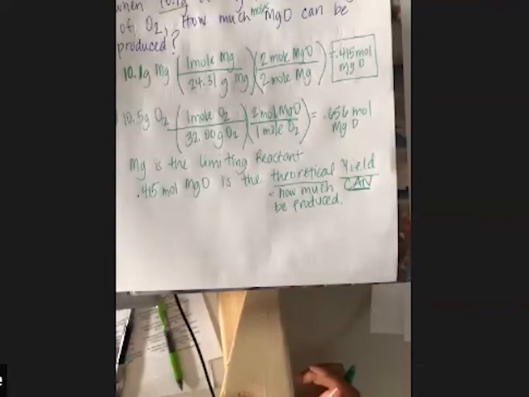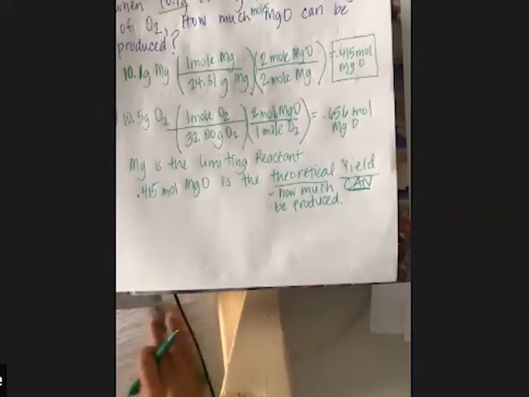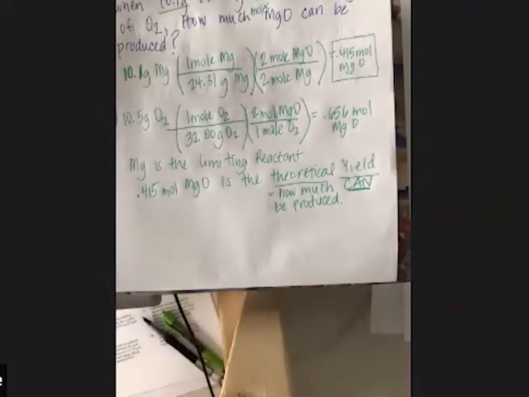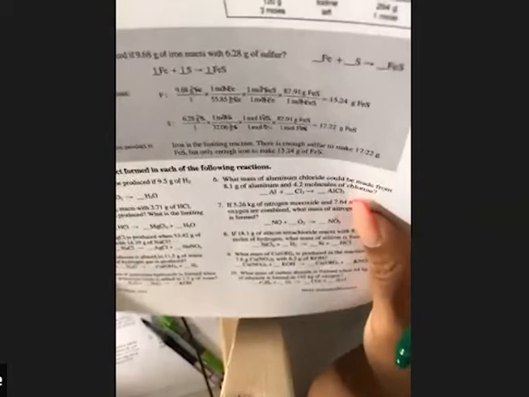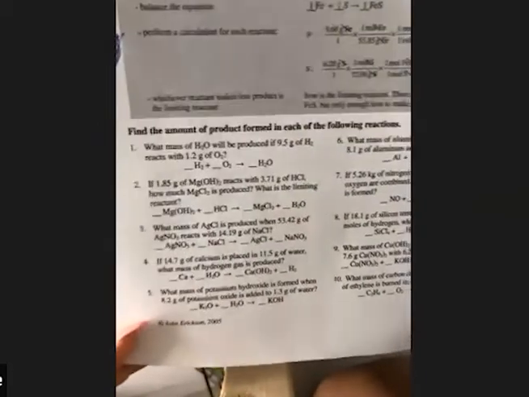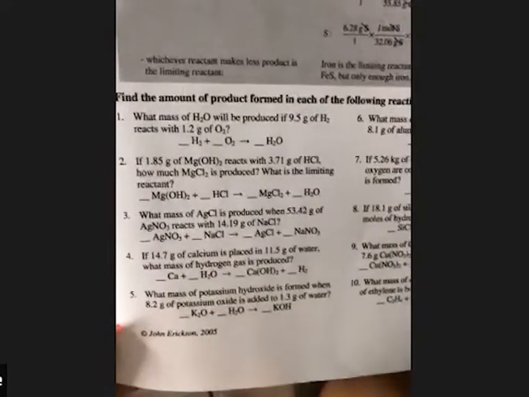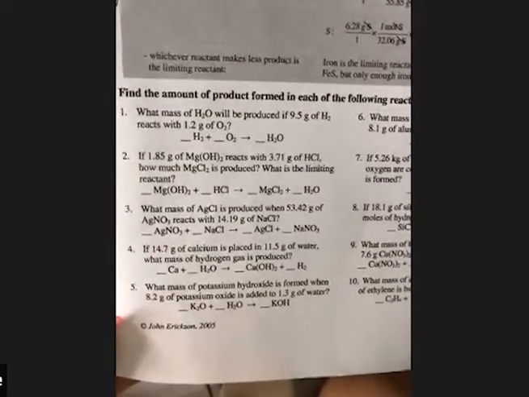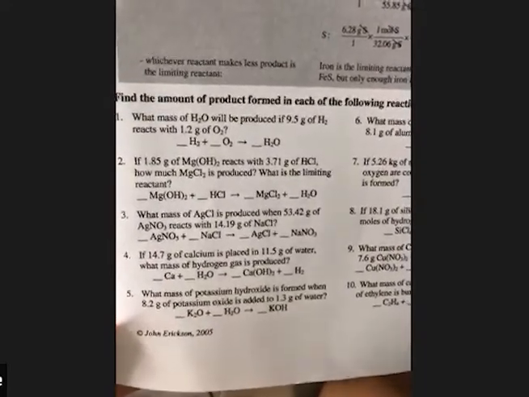Okay, all right, so if we pull out this limiting reactant worksheet that I posted, and let's just pick one out, let's say, for instance, number 3. If we look at number 3 on this worksheet, that looks like this.